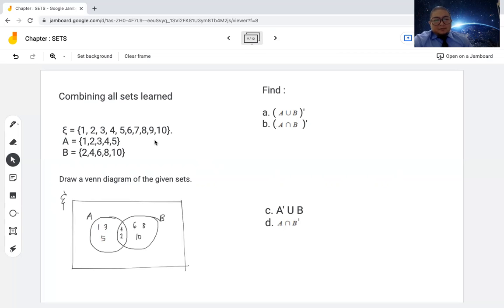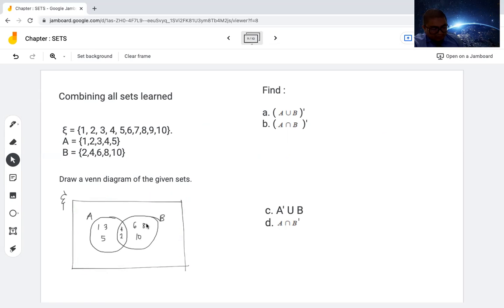As soon as you see this, you will understand that not all the elements were written completely, because we also have the universal set. And the total number of elements that we have in A and B combined is 1, 2, 3, 4, 5, 6, 7, 8. Meaning to say there are some elements that were not written yet.